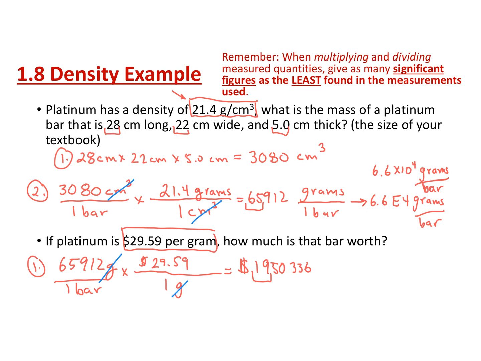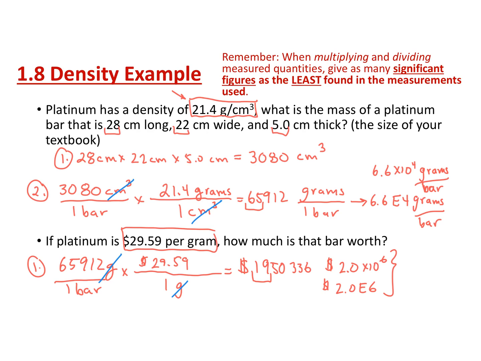And then the third significant figure is a 5, so I'm going to round that up. So I would report this as approximately, that bar would be worth about $2 million. So 2.0 times 10 to the 6, or 2.0 e to the 6 would be the price of that bar.